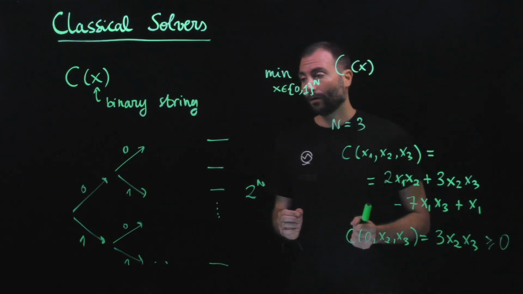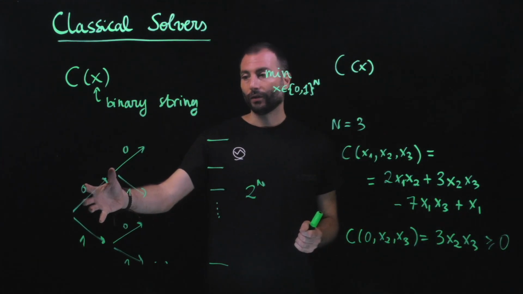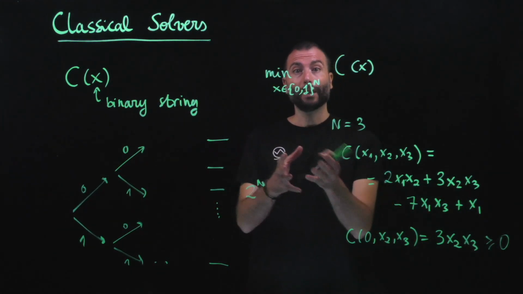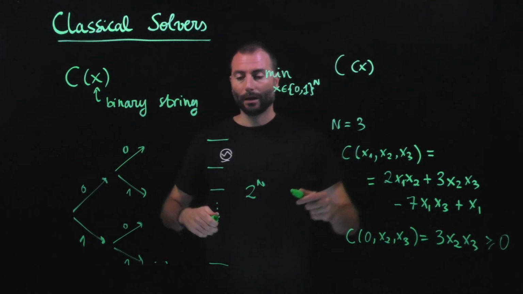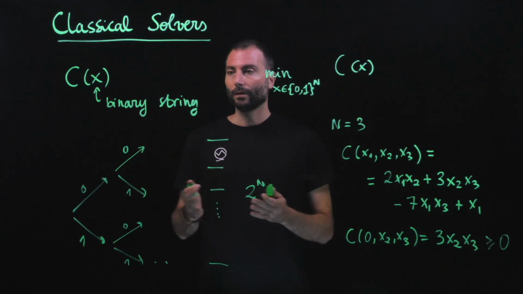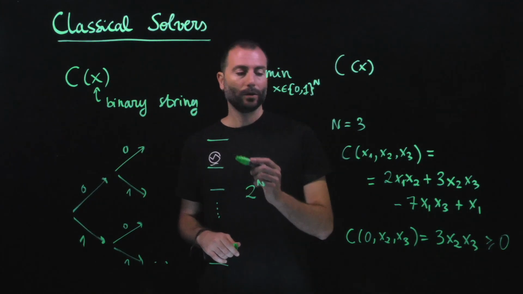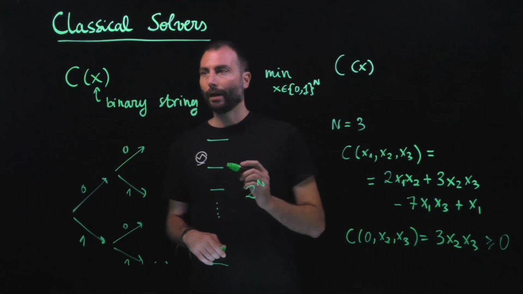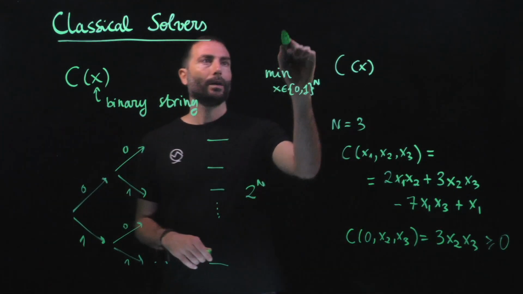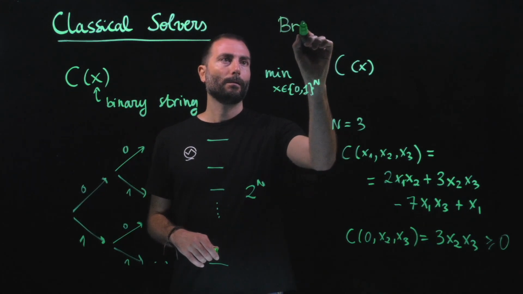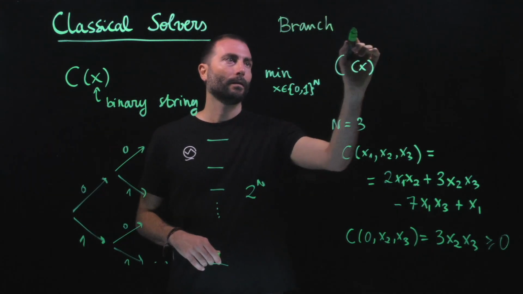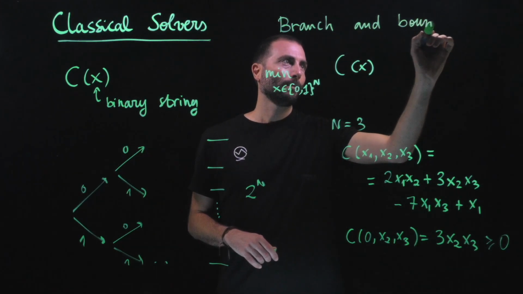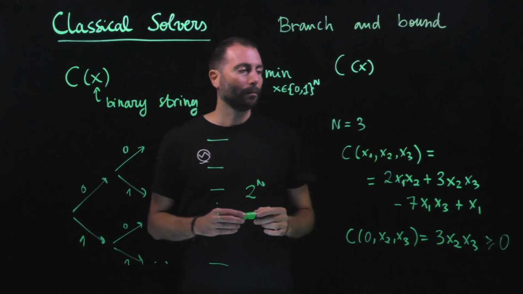This idea of combining the tree structure with bounds on certain branches, when we use these two concepts, you say that you are doing the branch and bound method, the branch and bound algorithm.